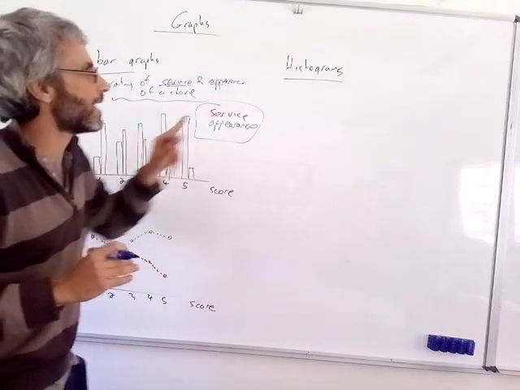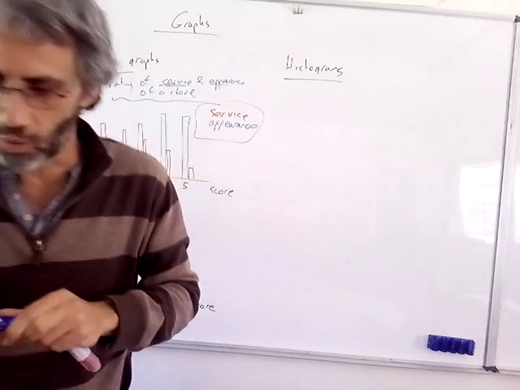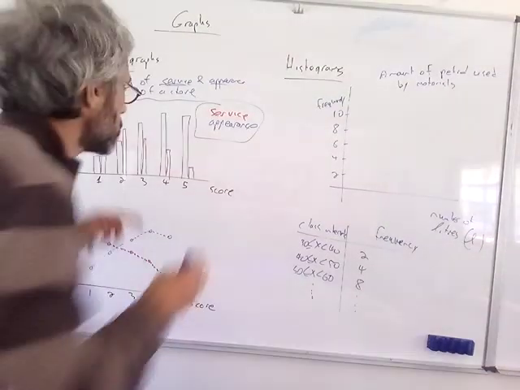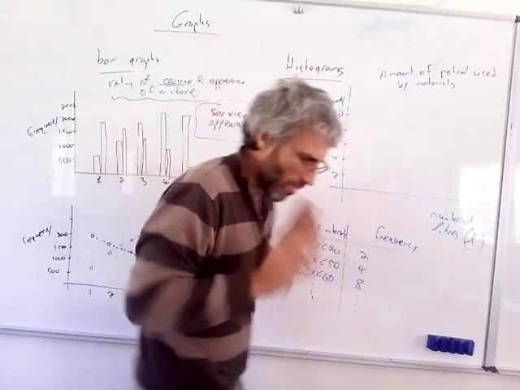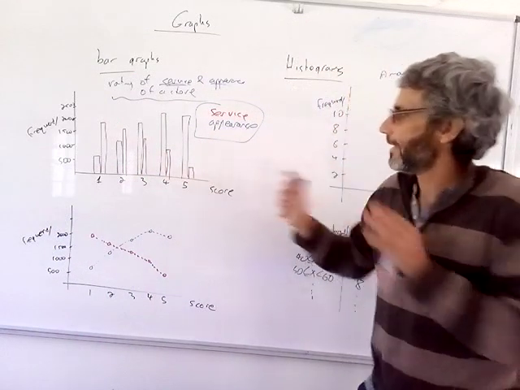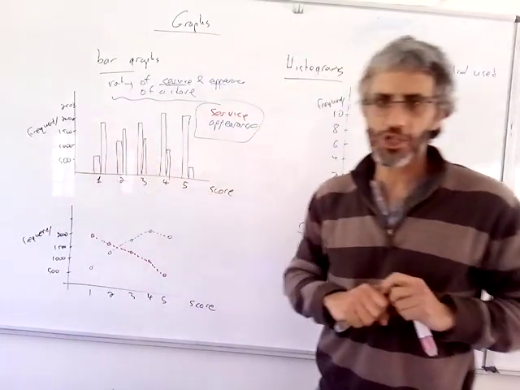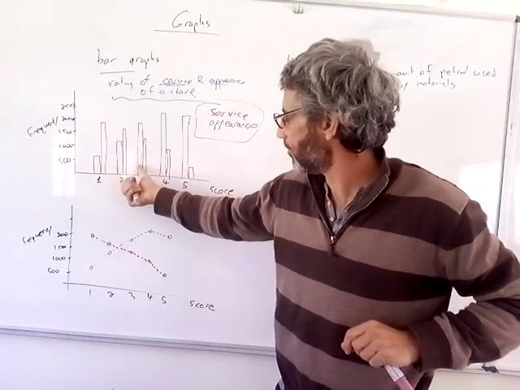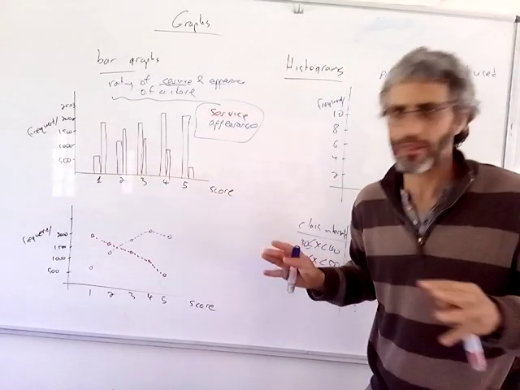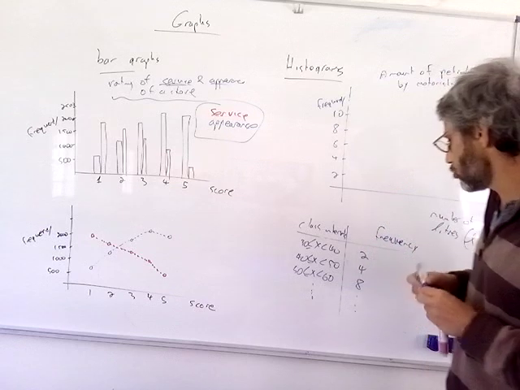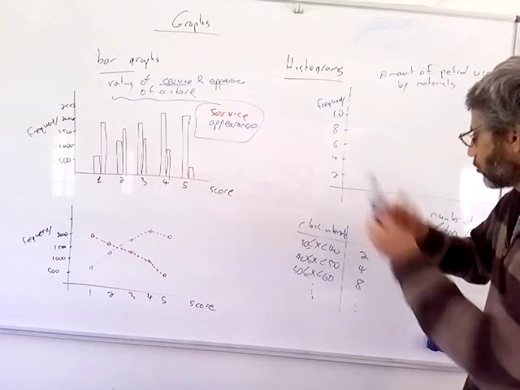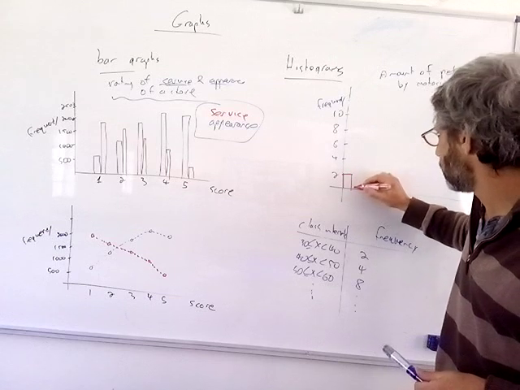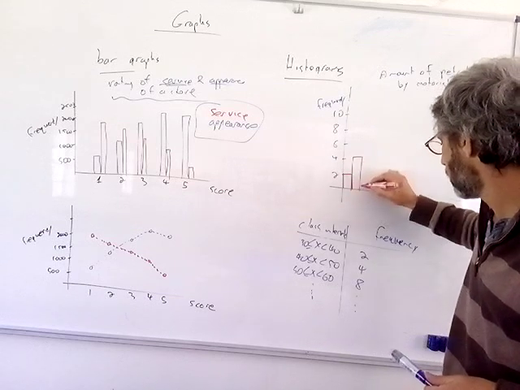Now, let's look at histogram. I'll just pause here to draw one for you. One thing you might have noticed is that the bars are not touching each other. I'm not talking about the blue and the red, but the blue and the blue are not touching each other. Sometimes you might have seen graphs where the bars are touching each other.